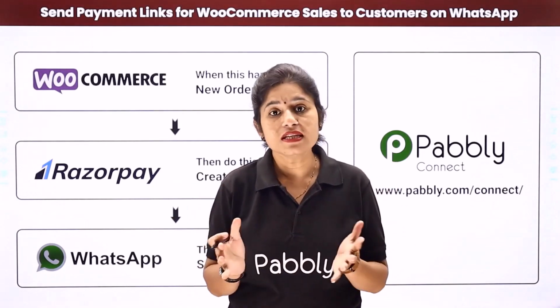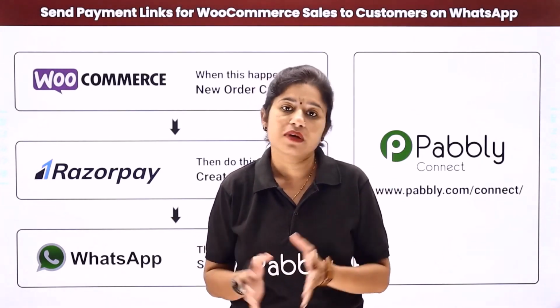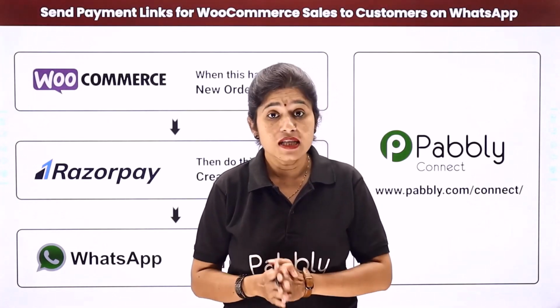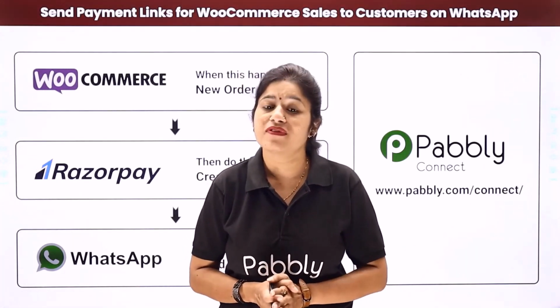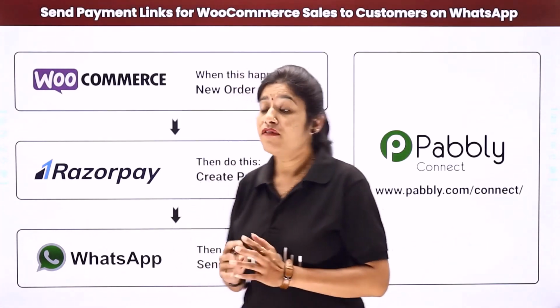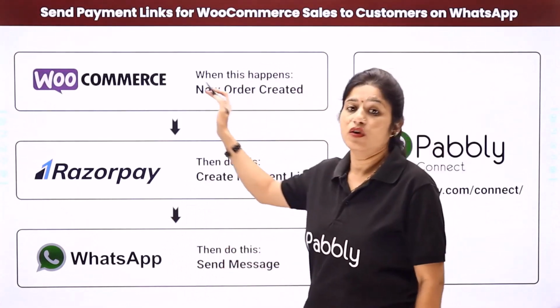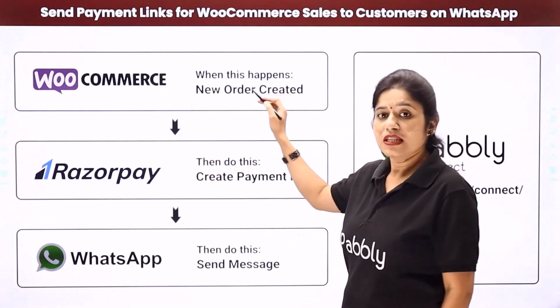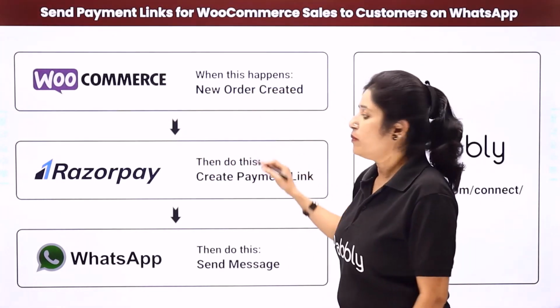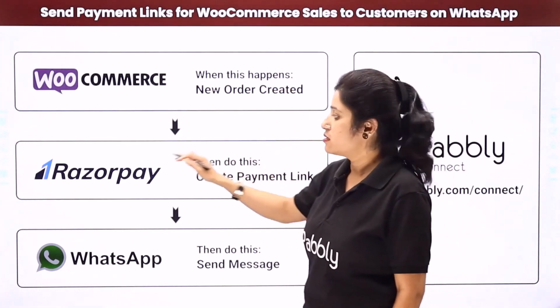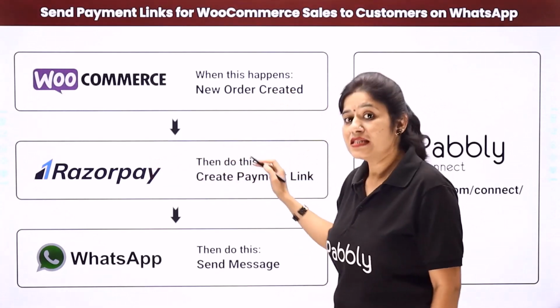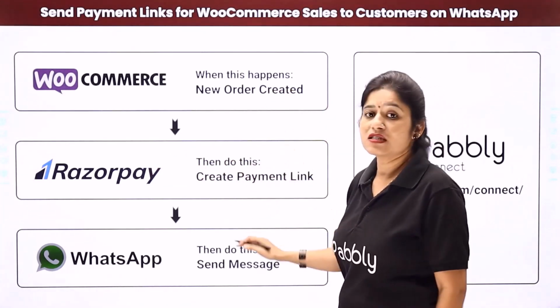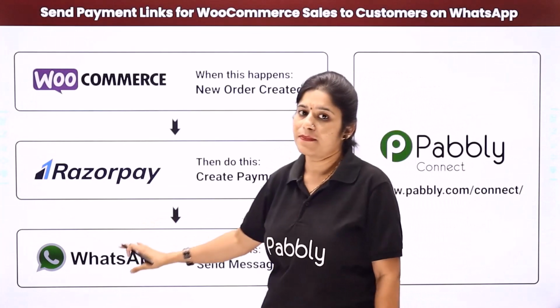Now, doing all these tasks is a difficult and time-consuming process. So here in this particular video, we have come up with an automation where whenever you receive a new order in your e-commerce platform, that is your WooCommerce store, automatically using the details of the order, a new payment link will be generated in your Razorpay account, and the same payment link will be shared with your customer along with a message on his WhatsApp number.